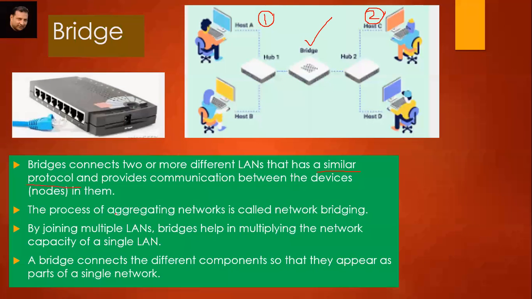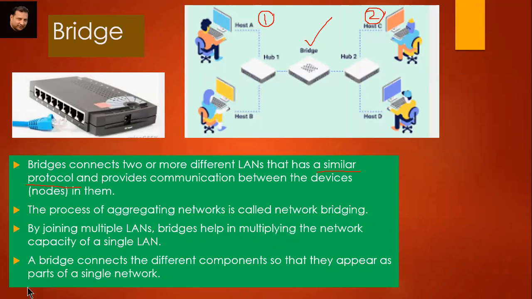Second, the process of aggregating networks is called network bridging. Aggregating का मतलब होता है इकट्ठा करना. So what we are doing in the above figure, two LANs are getting interconnected or aggregated to become one big LAN.